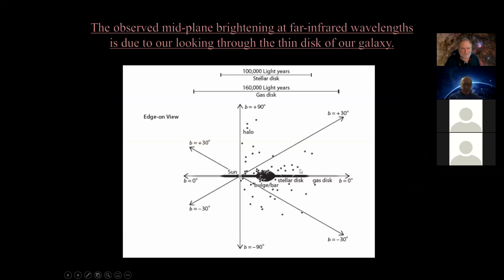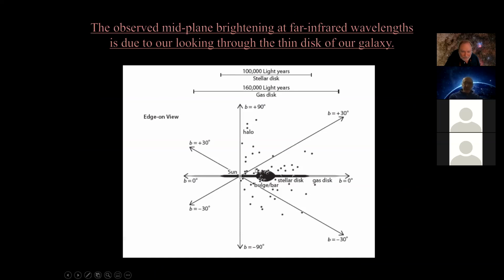I'm going to give you a schematic first. So what are we looking at? And why is it so bright right along the center? Well, if you look right in towards the galactic center, you're looking through all this stuff, and it all adds up in the far infrared because the dust is glowing rather than obscuring at temperatures of a few tens of degrees above absolute zero.